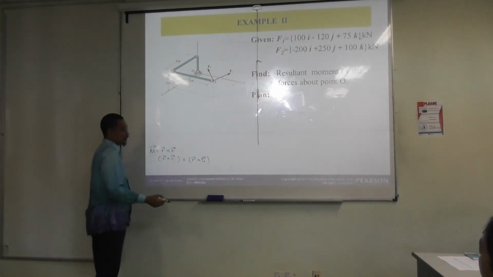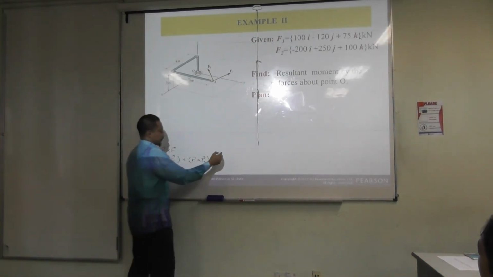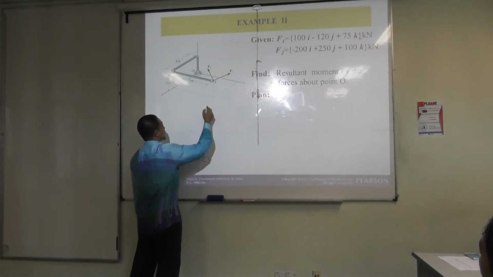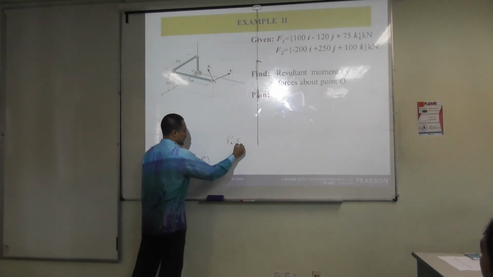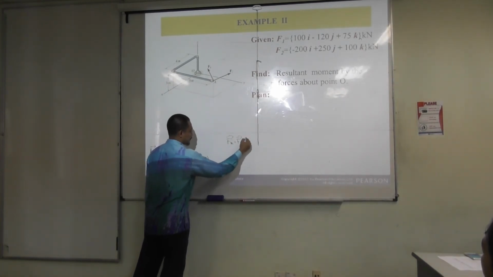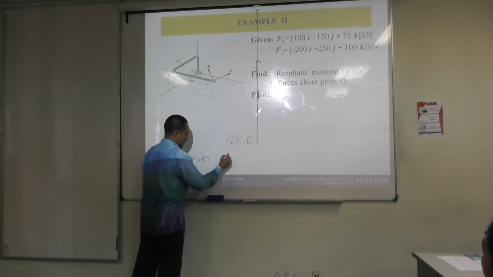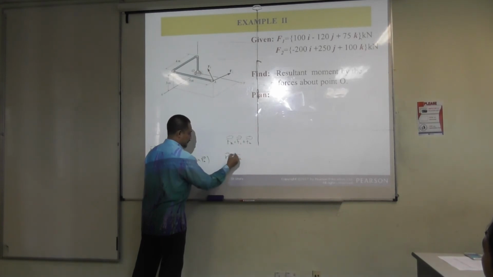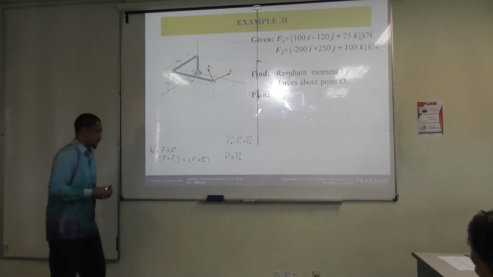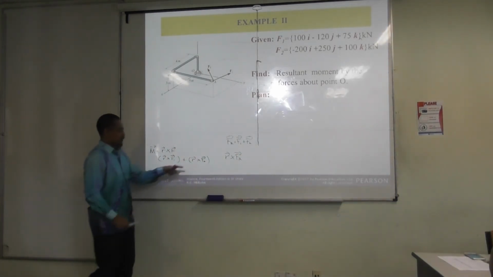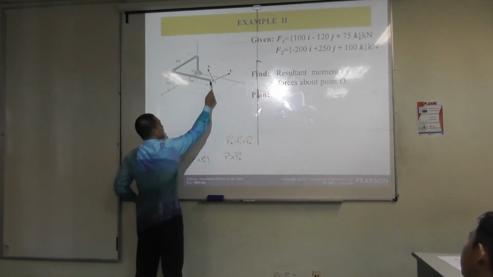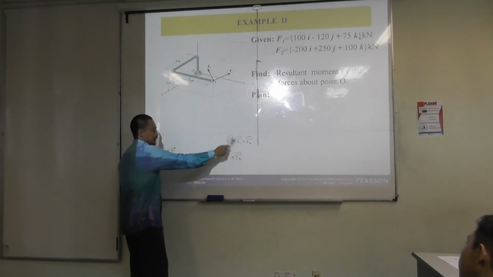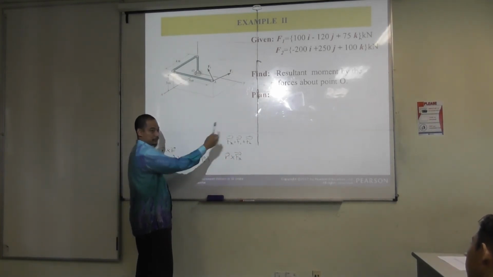And because it goes to the same point, if you get FR equals F1 plus F2, you can just do R cross FR. It'll be the same. But this is only because it goes to the same point. If F1 is here and F2 is here, you cannot simply do this because R will be different, right?